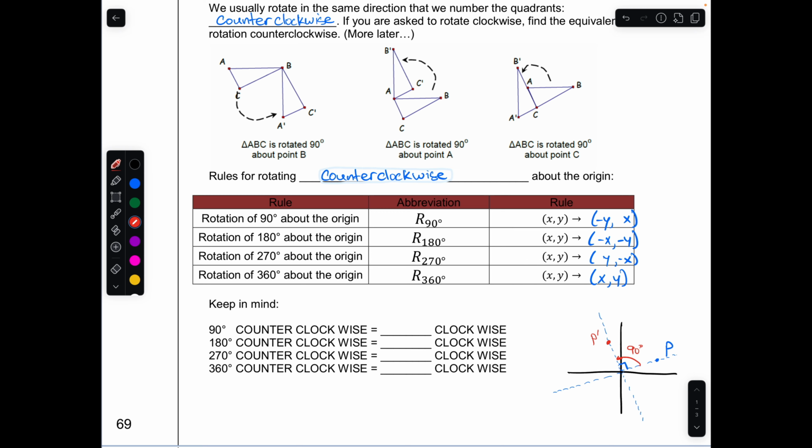Hopefully you can see that I could also rotate clockwise, but then I'd have to rotate it more degrees, right? That would be three 90-degree angles. 1, 2, 3. That's 270 degrees clockwise. And I get to the same spot as if I rotated 90 degrees counterclockwise.